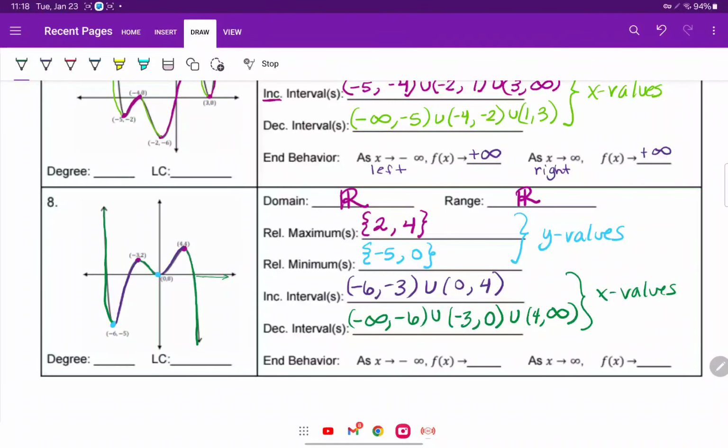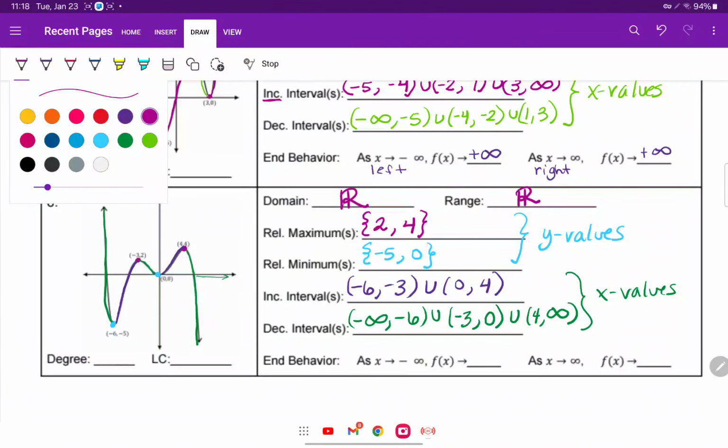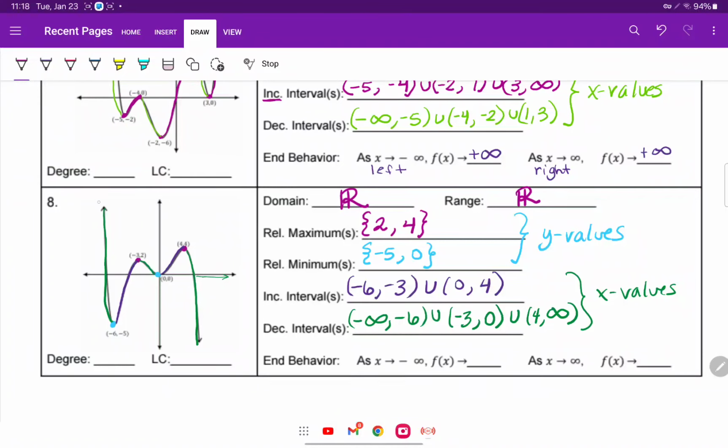All right, our end behavior is what's happening at the very ends. So in my particular graph, on the right side, it is rising. On the left side, it is falling, which tells me, oh, and we didn't do that on the other one. We'll go back. This tells me the degree has to be odd because they're going in different directions, and leading coefficient is negative because it's rise and then fall.